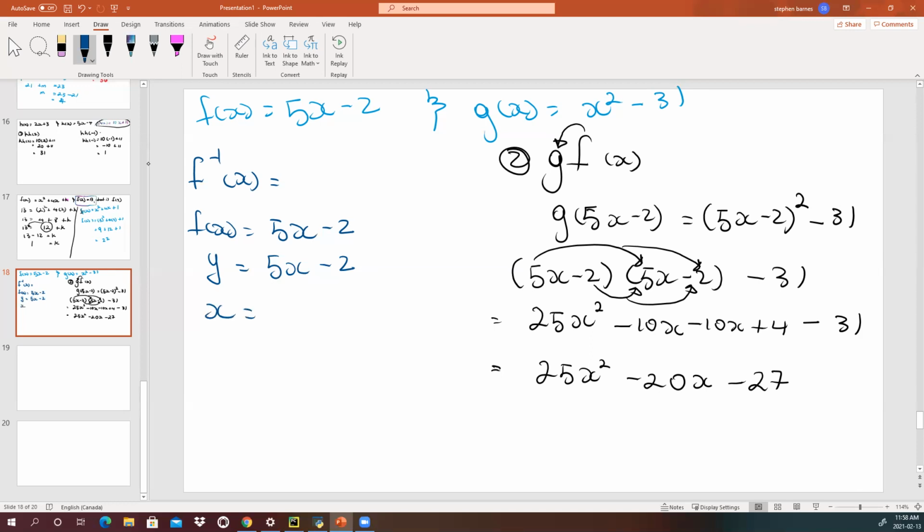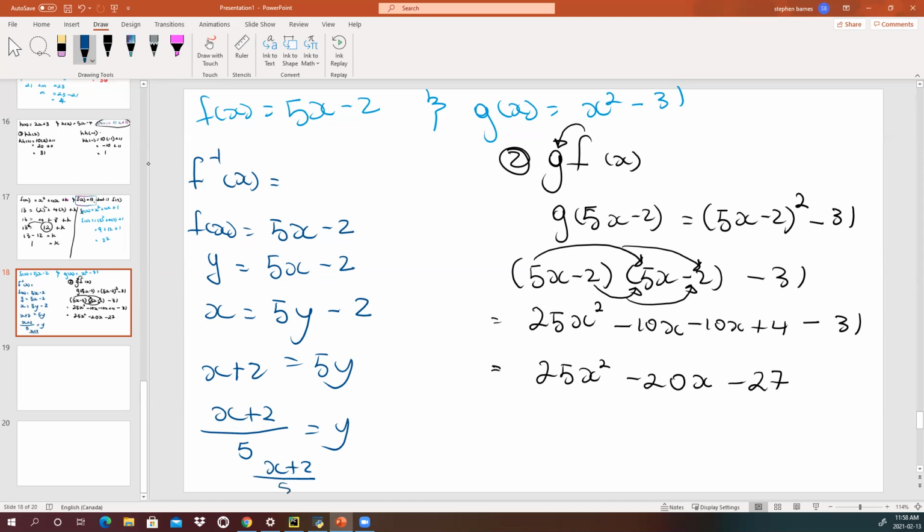So this is x equals 5y minus 2, and then solve for y. So x plus 2, because you've carried it over the equal sign, equals 5y, and then x plus 2 over 5 equals y. And so you have x plus 2 over 5 equal to f inverse, right?